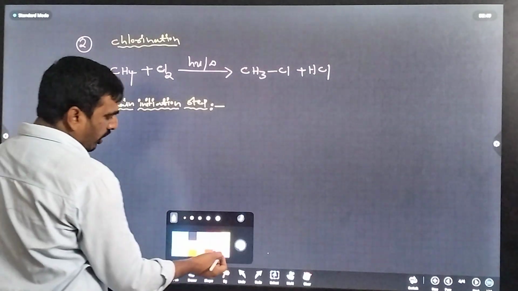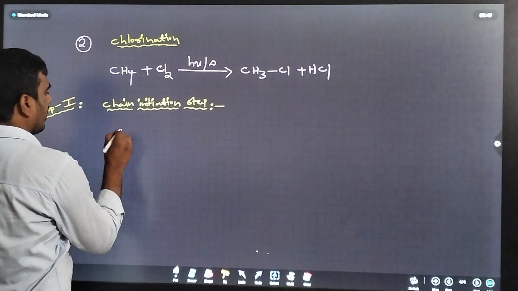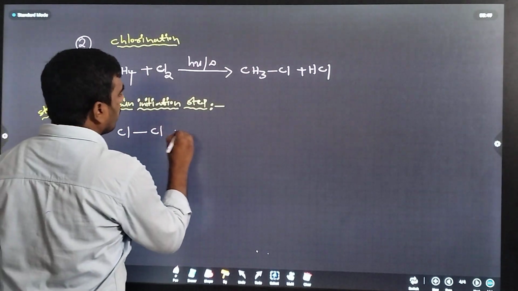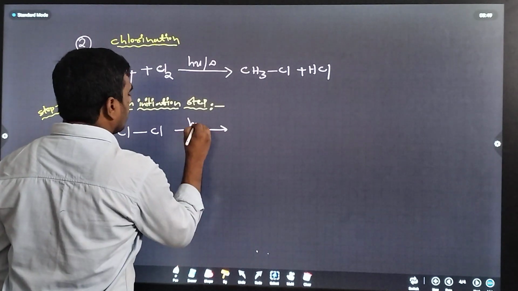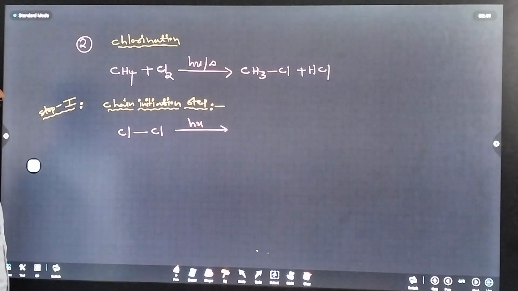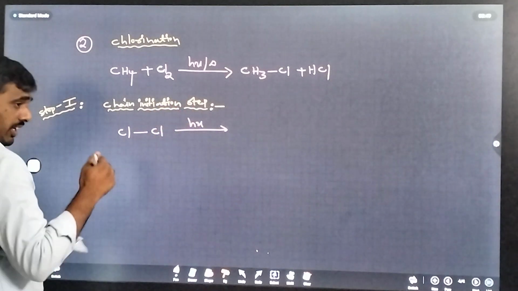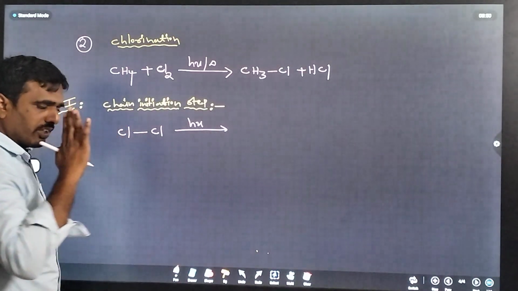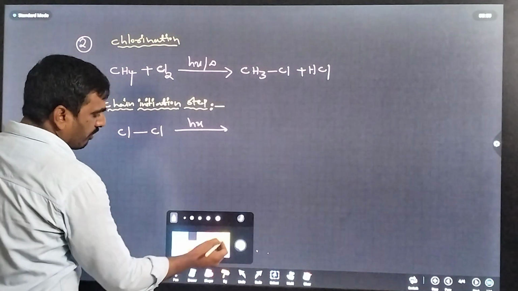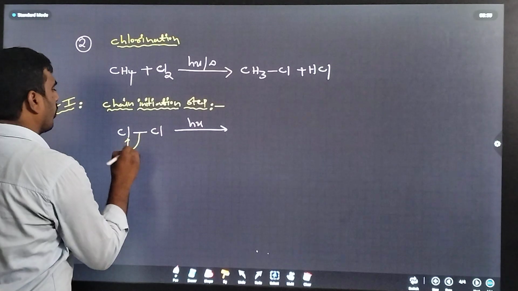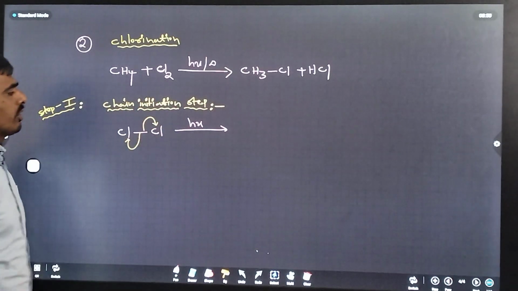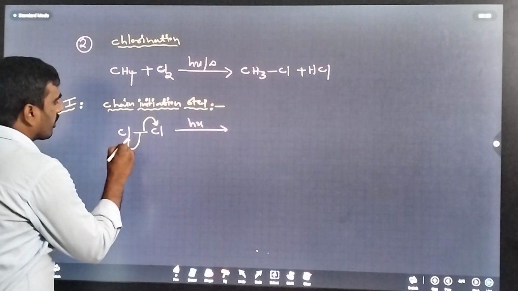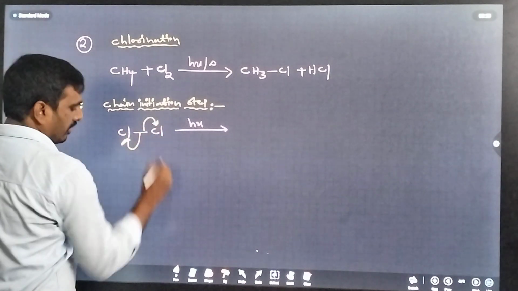What is homolytic fission? Take Cl-Cl. Homolytic fission takes place in sunlight, which means the bond pair electrons are equally shared between the 2 atoms. The electronegativity difference between the two Cl atoms is 0, so one electron goes to one chlorine and the other electron goes to the other chlorine.